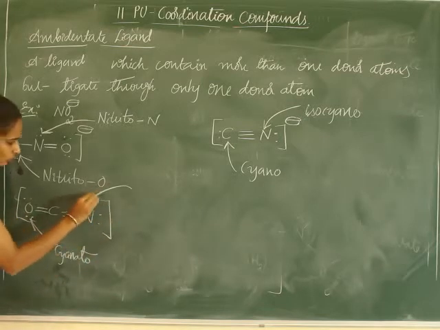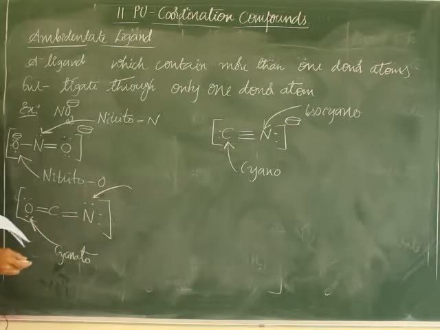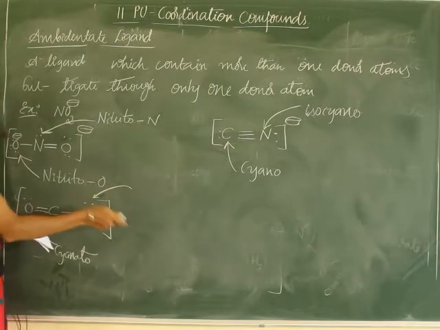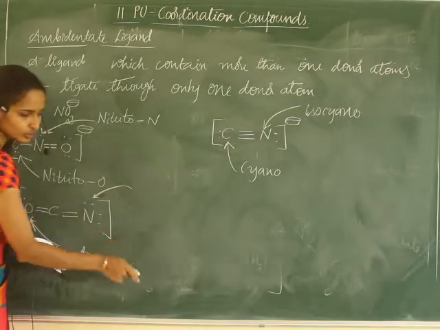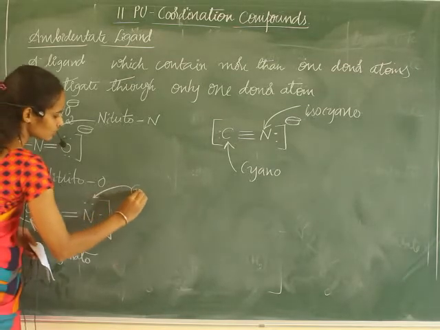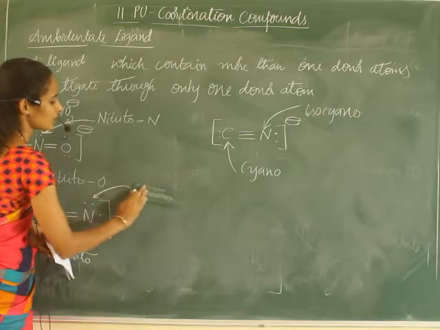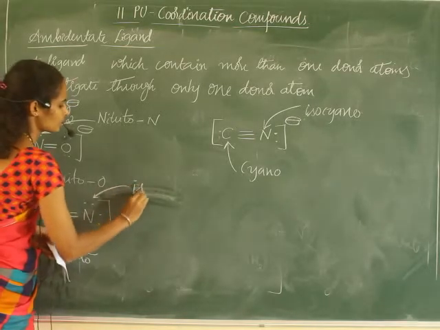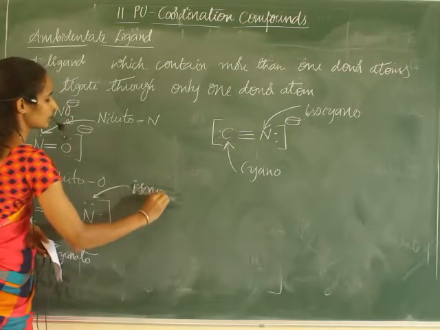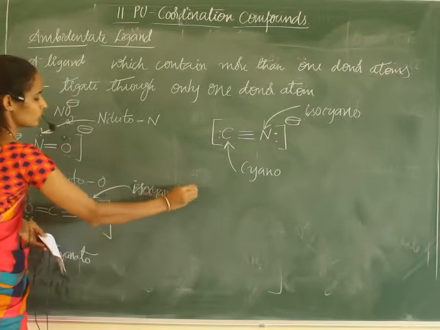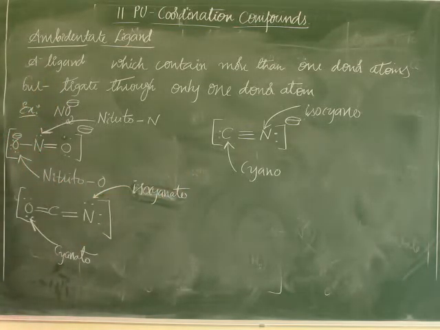If it donates electrons through the nitrogen atom, directly bonded to the central atom, then it is called isocyanato. Okay.